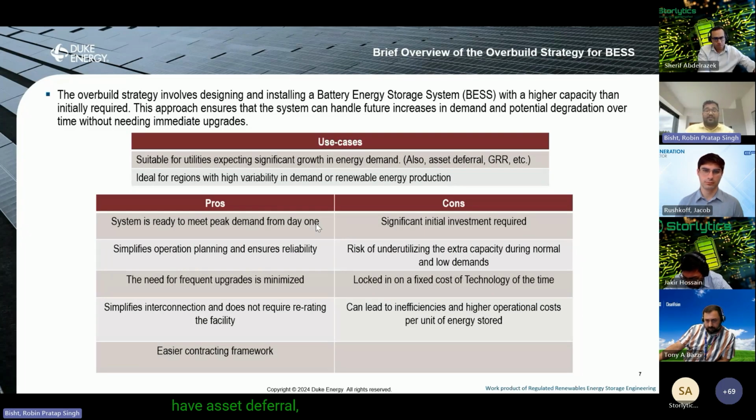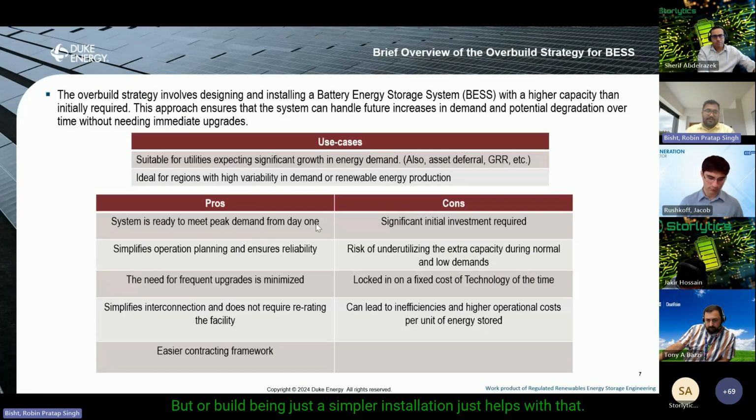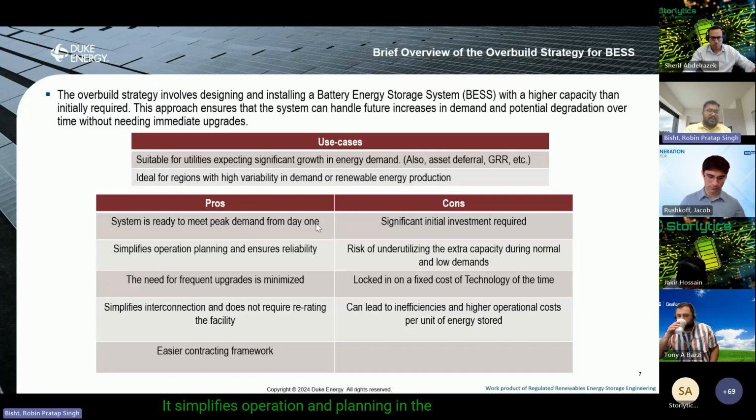You have asset deferral, you have generation replacement. So if you have a generation replacement requirement, the overbuild strategy can provide that day one. Certain flavors of augmentation can also provide that, but overbuild, being just a simpler installation, helps with that. It simplifies operation and planning in the grand scheme of things.